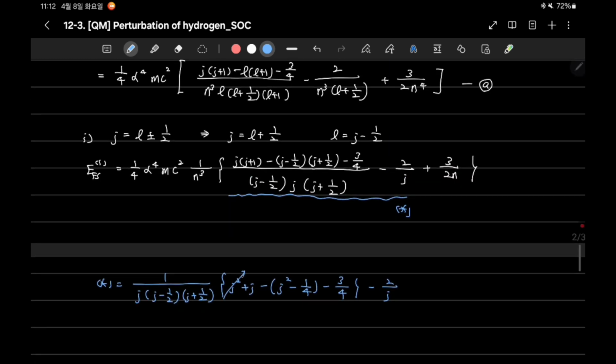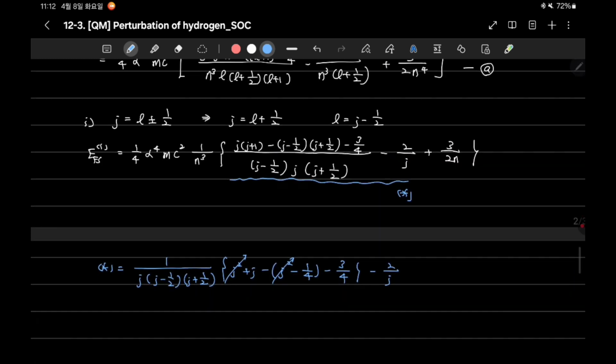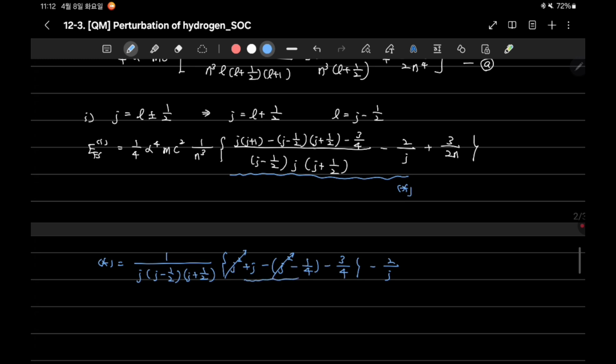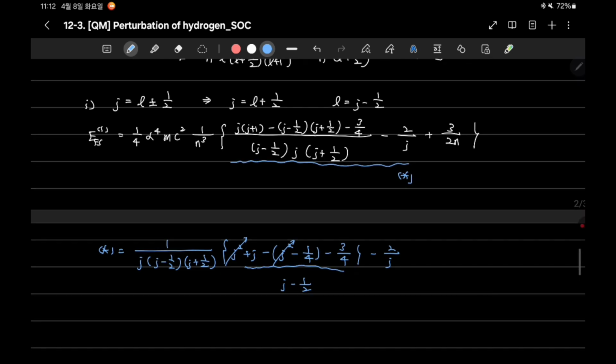Then the j square cancels with each other, and it is j minus 1/2. So j minus 1 half cancels with each other. So it is j plus 1 half minus 2 over j.